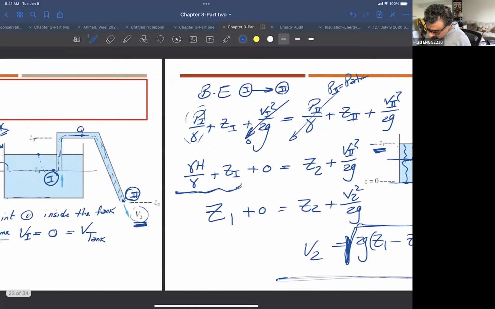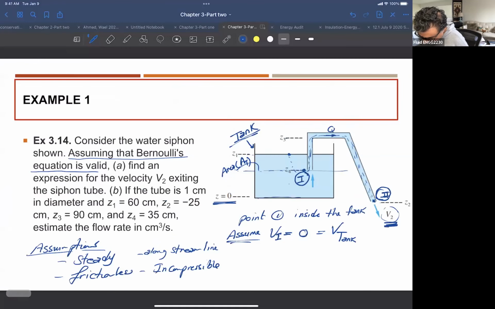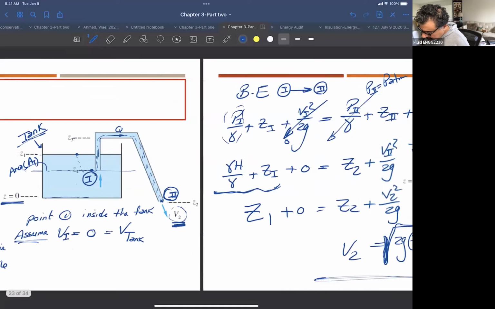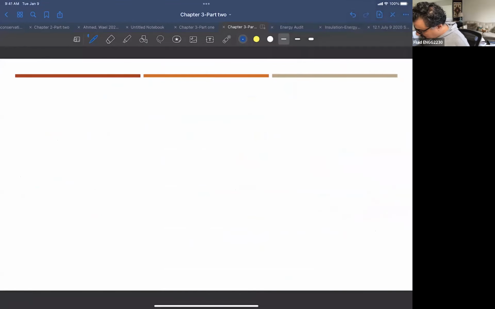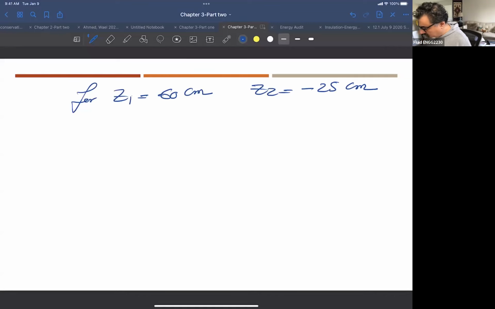He's asking you to determine this velocity. If you are given Z1, Z2, Z3, Z4, you have all the Z's here, so it's very simple. If I need to find the velocity for Z1 equal 60 centimeters, Z2 equal to minus 25 centimeters, I just need to find V2.